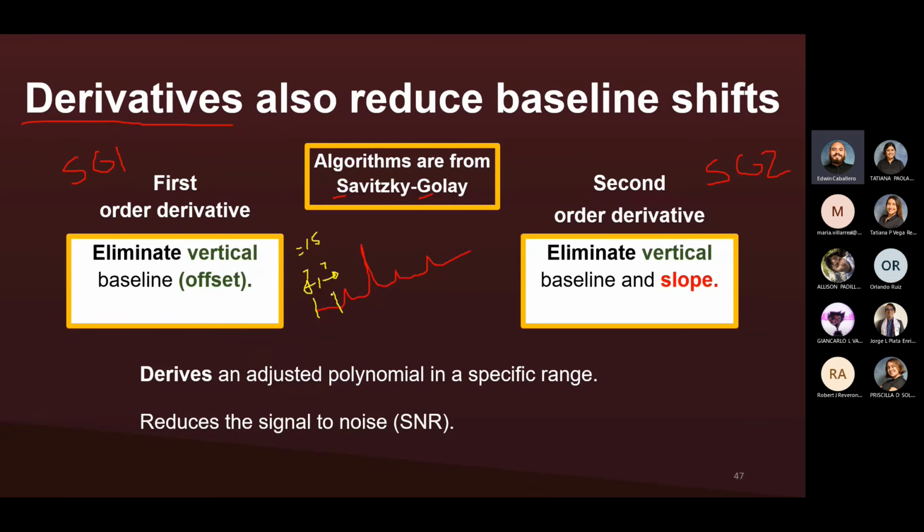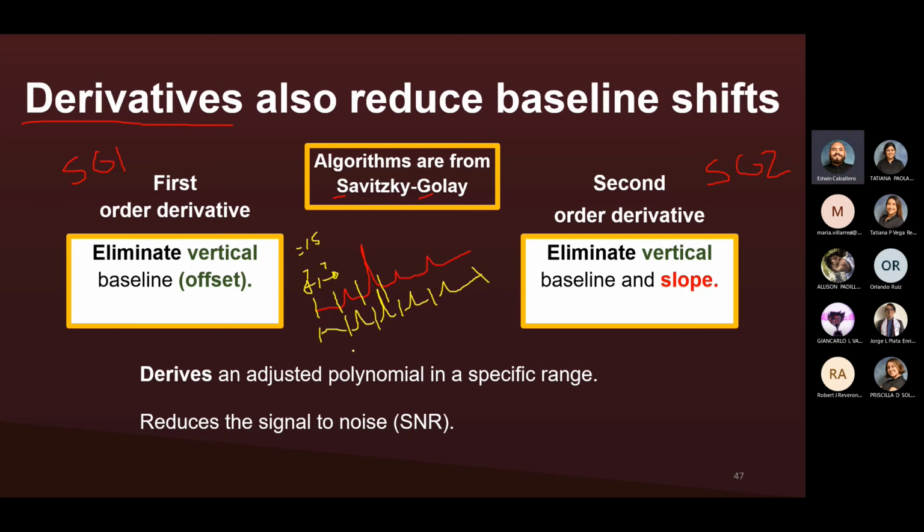So you have the specific amount of points, and in that region, you will place a polynomial that mimics the spectrum. Then you move to the right, and you do the same thing. You get another polynomial that simulates the spectra. You do the same thing, rinse and repeat until you go through the entire spectrum.